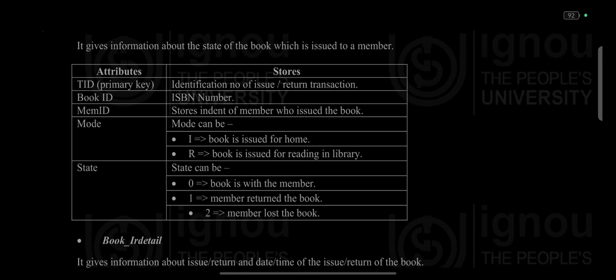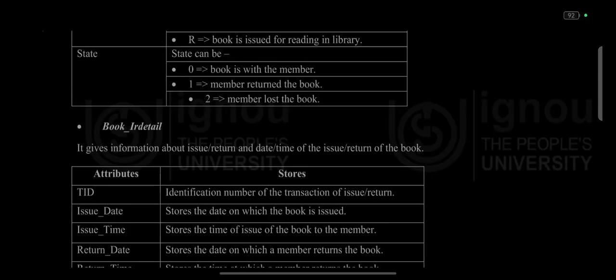Then comes book_IR. It gives information about the state of the book which is issued to a member. Attributes: TID, primary key, stores the identification number of the issue/return transaction; book ID; ISBN number; mem ID, stores the ID of the member who issued the book.